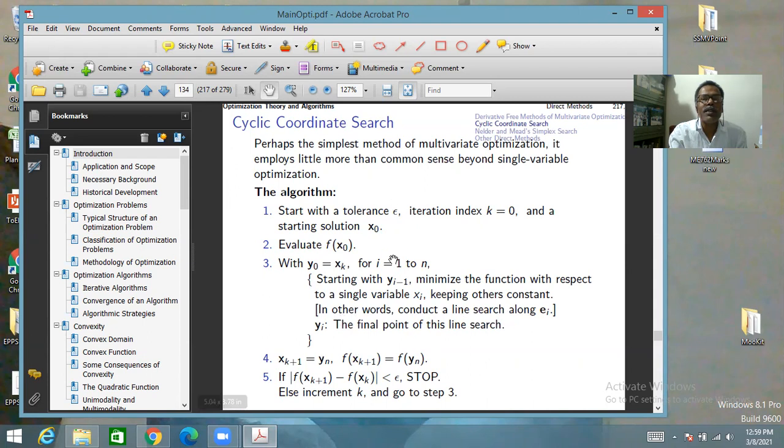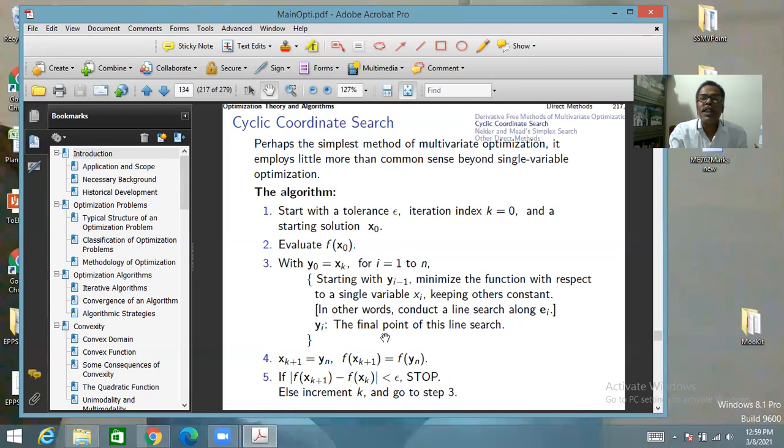Then take that y1 and do it for i equal to 2. So that means now keeping x1, x3, x4, x5, x6, etc. constant, you minimize the function with respect to x2, second direction. And that is that you start from this point, from y1.